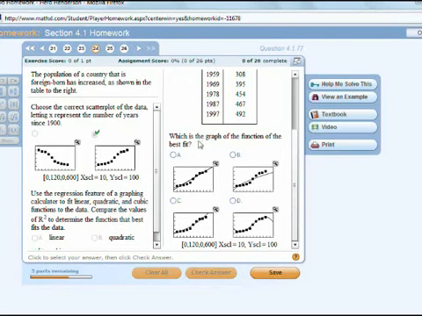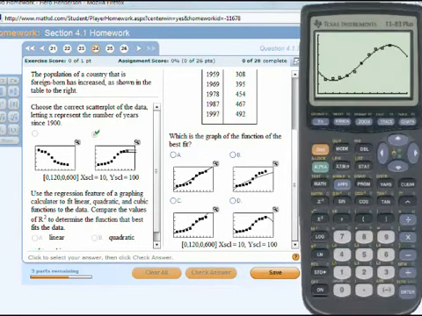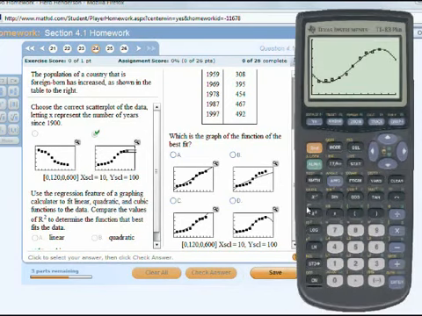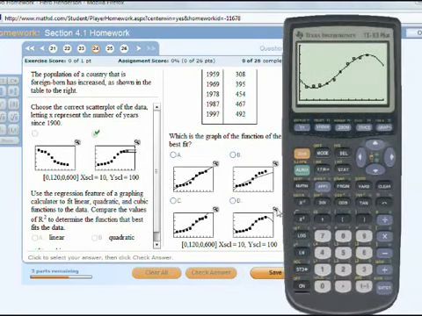Which is the graph of the function of the best fit? And we could look at this thing, but actually we already have it done, just because we loaded this table in to begin with. So we can, darn it, we can look at this thing. Is it this one? No, the line of best fit here is linear.